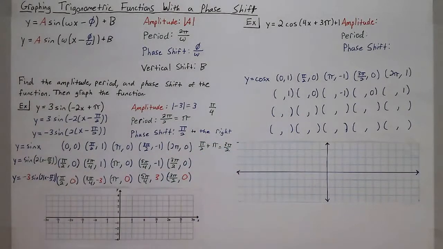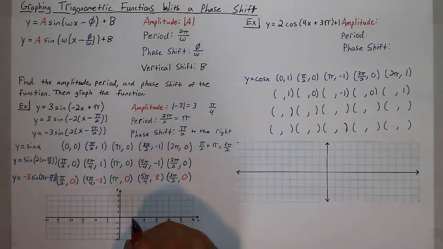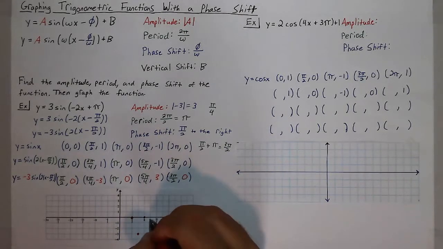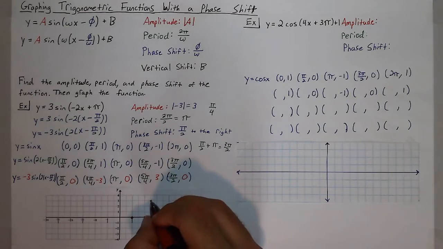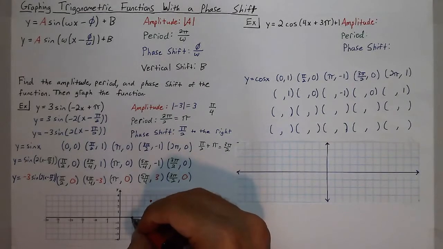Now we'll go ahead and plot these particular points. So we'll have pi over 2, 0; 3 pi over 4, which is right here, negative 3; pi, 0; 5 pi over 4, 3; and 3 pi over 2, 0. And this is one cycle.